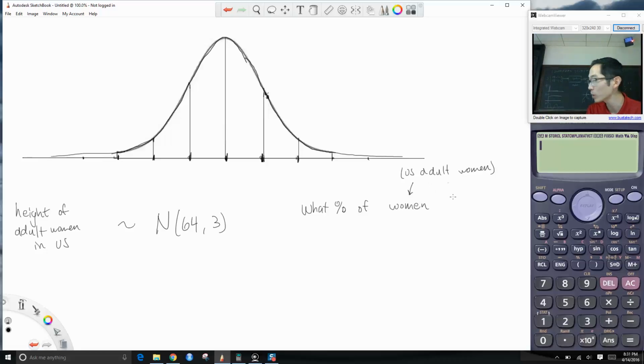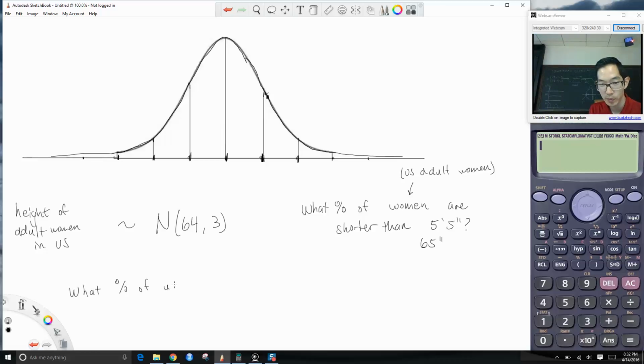So I could say, what percentage of women are shorter than, we'll say, 5'5"? So this will be 65 inches. What percentage of women are shorter than 65 inches? I'll give you a minute to figure that one out.